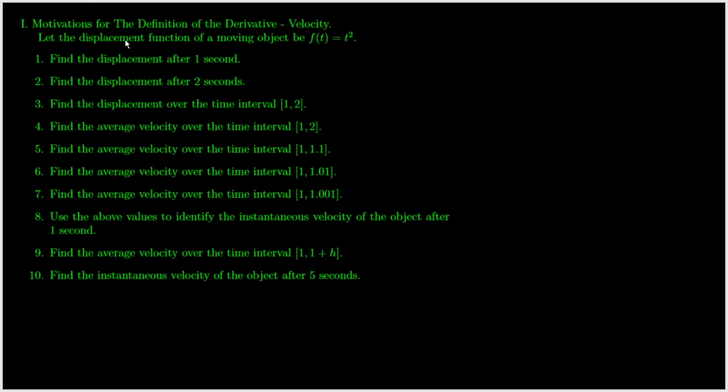I think most of you guys have done some physics. Essentially, if you do not know the term displacement, you just imagine displacement is the distance. And here you have a distance function, a displacement function.